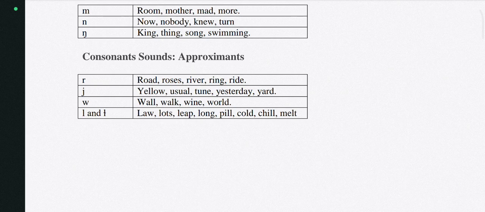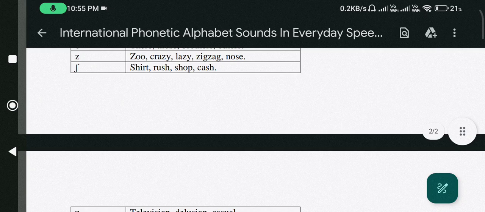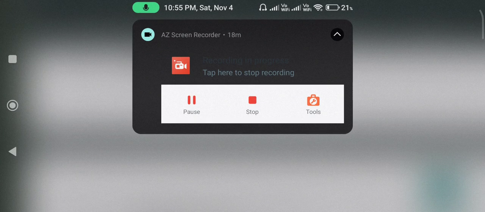Then is w, wall, world, wine, walk. And then you have l sound. Law, lords, leap, long, pill, etc. So you have to be careful about monophthongs and diphthongs. So monophthongs have single sounds, diphthongs have two sounds put together.